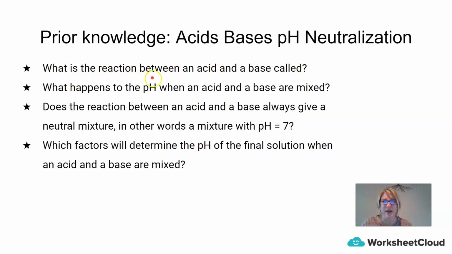What happens to the pH when an acid and a base are mixed? Does the reaction between an acid and a base always give a neutral mixture? So in other words, is it always a pH 7? And what factors will determine the pH of the final solution when an acid and a base are mixed?